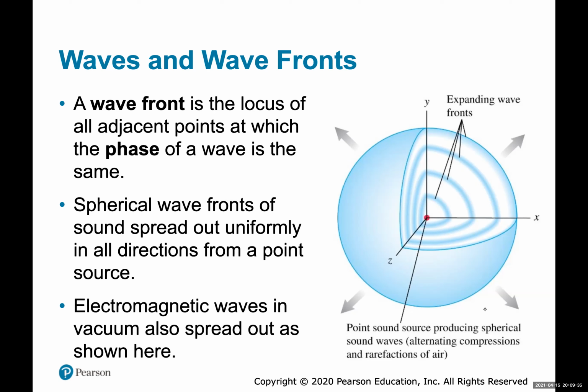The Poynting vector associated with this propagation is radial. It's spherically radial, and it's best described using spherical coordinates. It is in the radius direction.